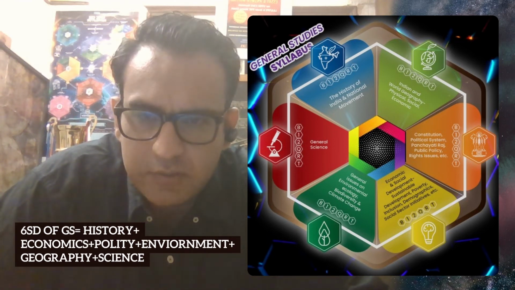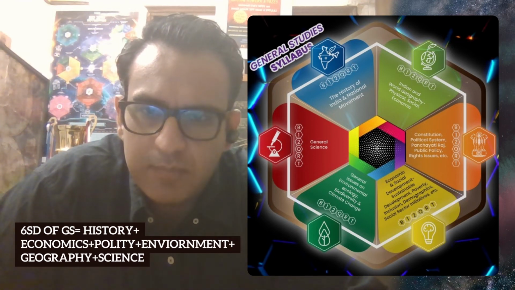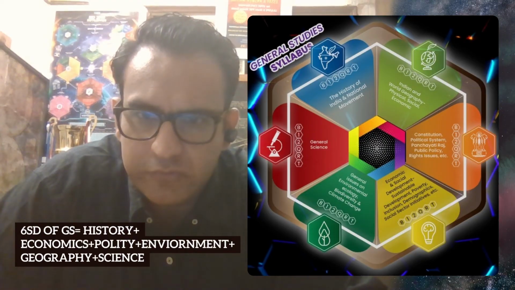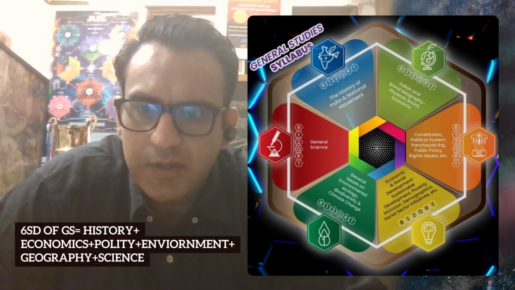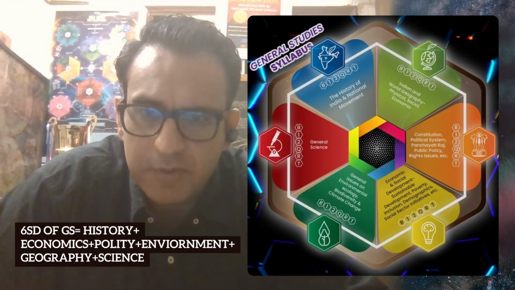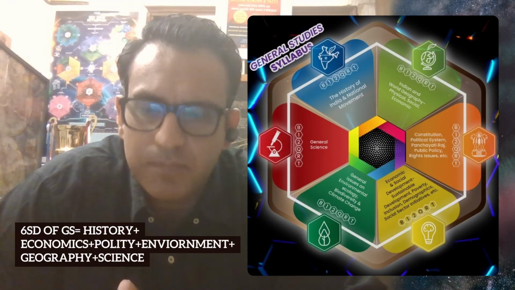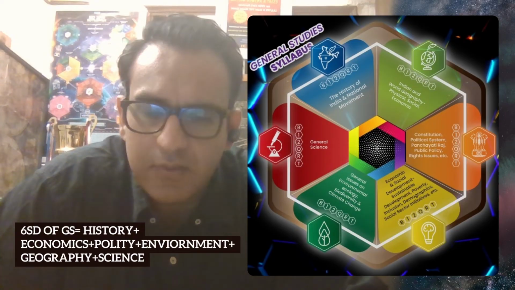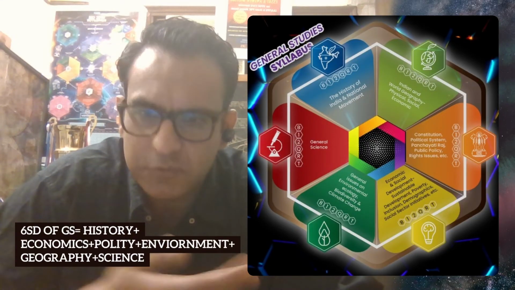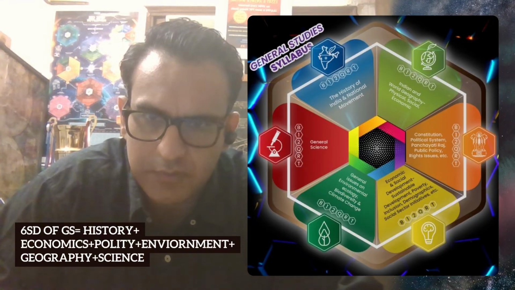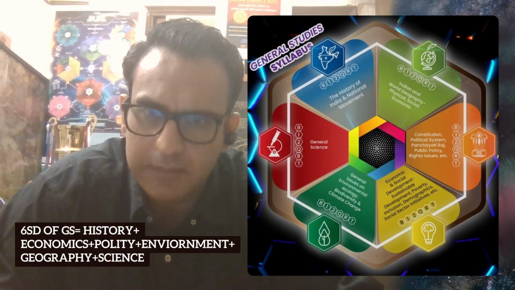The broad structure of general studies should be and can be broken down into 6 subject domains. I call them 6 SD. That's history, economics, polity, environment, geography, and science. This is the basic structure. Now notice that current affairs is not part of it, because like I mentioned, everything that happens in the world as events evolve, which pertain to any of these, becomes current affairs. We'll talk about that later in detail.